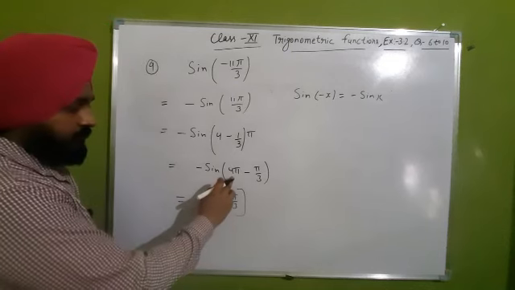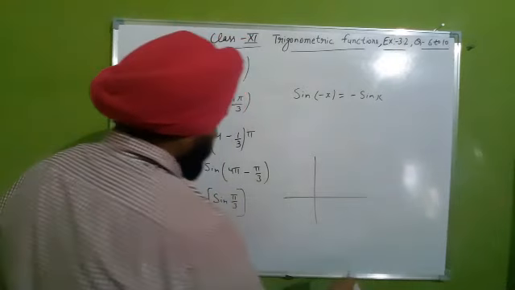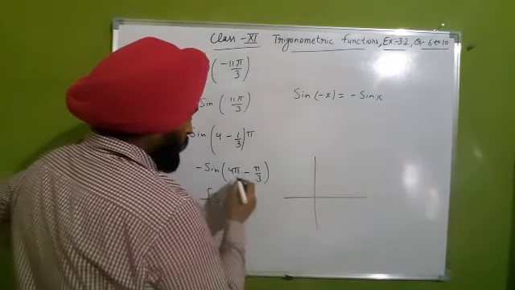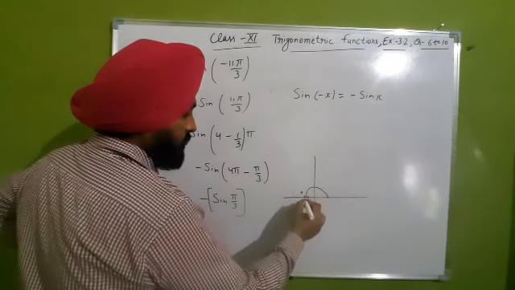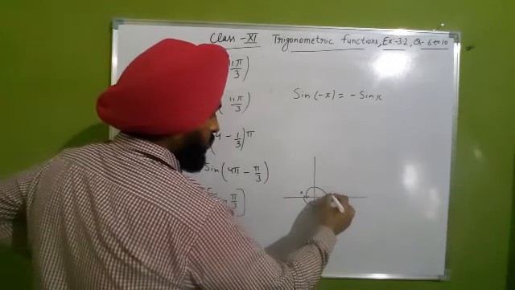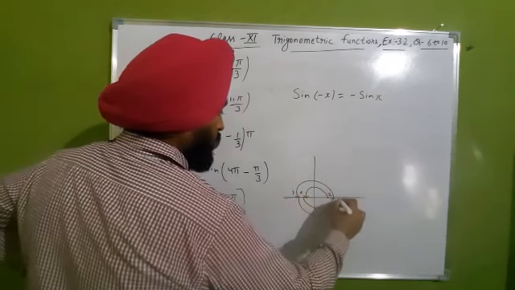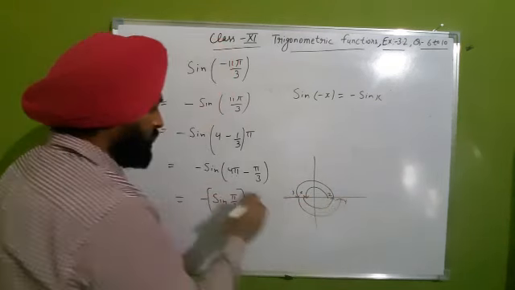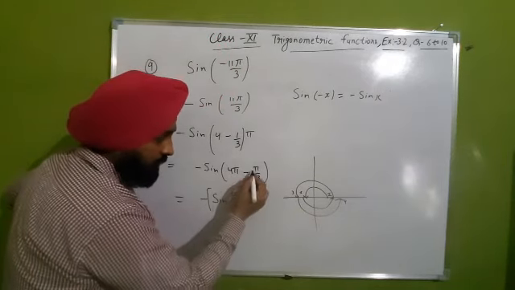Since it is 4 pi minus pi by 3, you have to check which quadrant it lies in. 4 into pi: 1 times 180 degree, 2 times 180 degree, 3 times 180 degree, 4 times 180 degree. Now you have to subtract this pi by 3.